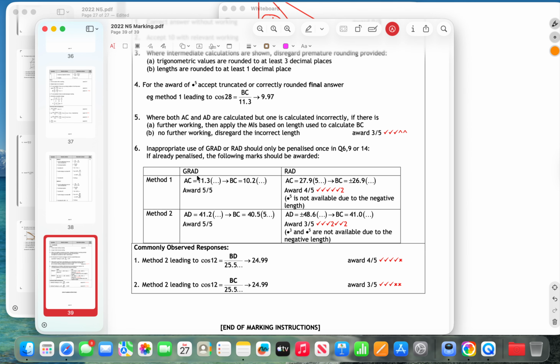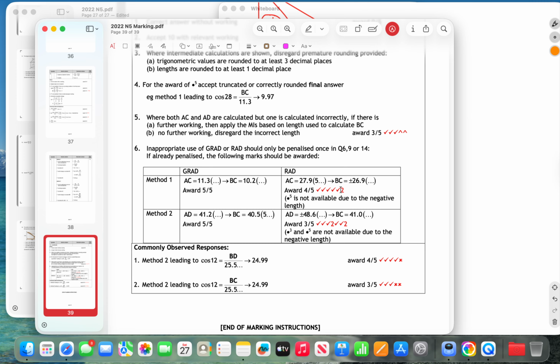And a commonly observed response was using rad or grad, with rad being radians, but you don't use that until you get to higher, so you only lose 1 mark in each paper. So if you use radians in the whole exam and you keep making mistakes because of your use of radians, you should only lose 1 mark.